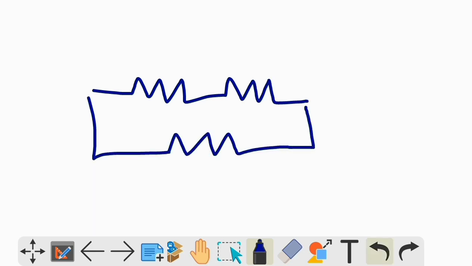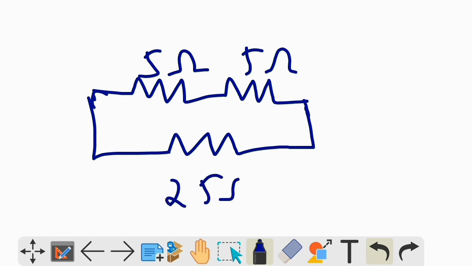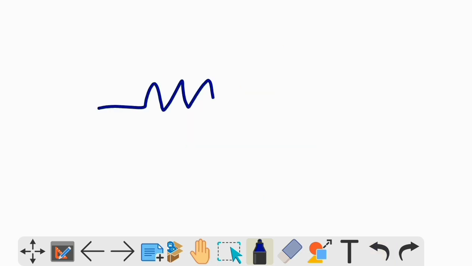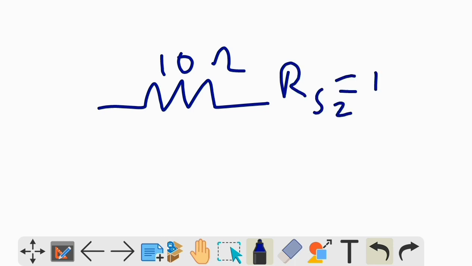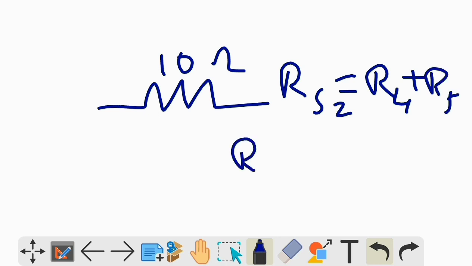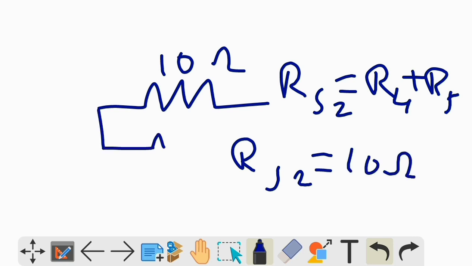So this 5 plus 5 I will write as 10 ohm. Here I am taking Rs2, which is R4 plus R5, isn't it? That is what we named. So Rs2 will be equal to 5 plus 5, 10 ohm. Then for this parallel, one more resistance is connected, which is 25 ohm.